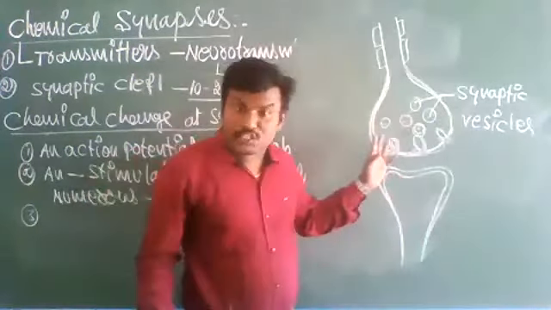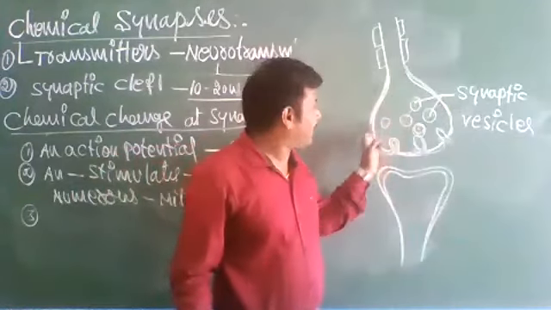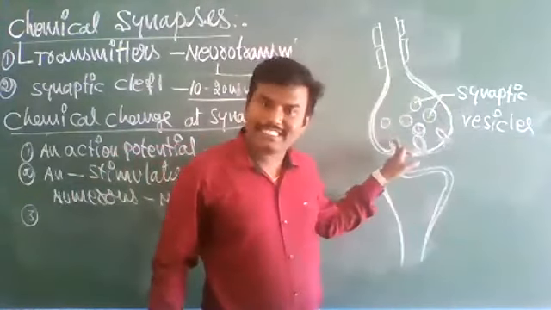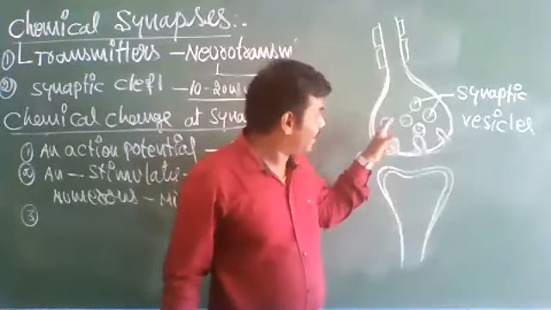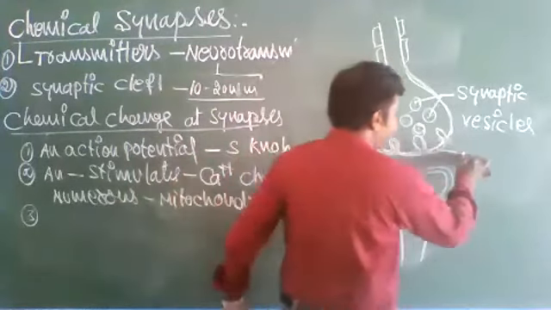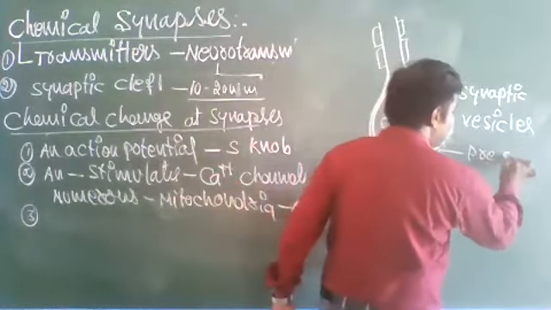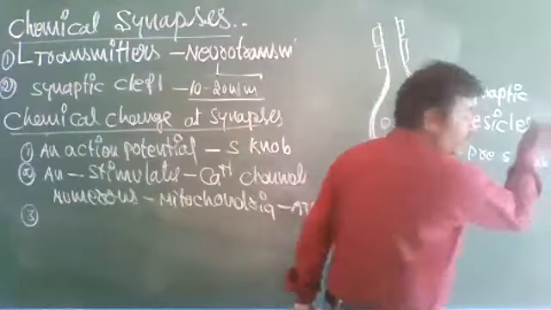These calcium ions move the synaptic vesicles rapidly in the cytoplasm of the synaptic knob and fuse them with the presynaptic membrane.